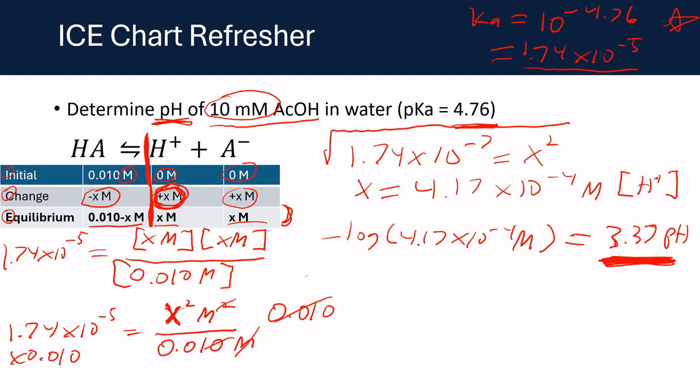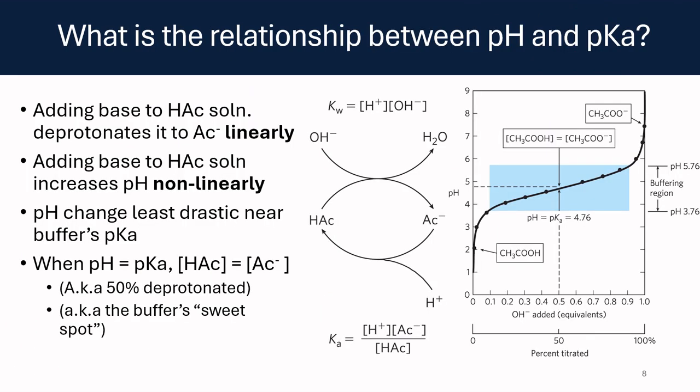The important thing here is that you now have a systematic way of going from the concentration of a weak acid, its pKa, and calculating the pH of the ensuing solution. So I hope you appreciated this ice chart refresher. That was a lot of work. Dust yourselves off, pat yourselves on the back, and let's barrel on ahead because ice charts segue really nicely into further untangling the relationship between pH and pKa.